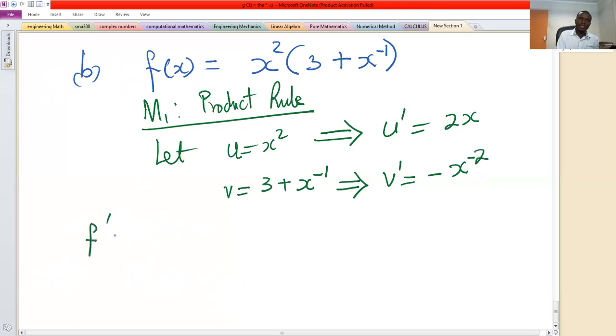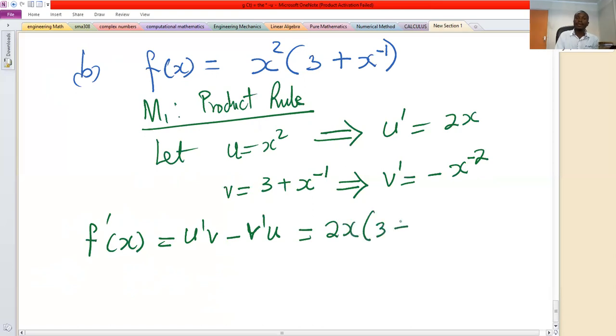So by definition, the derivative is u prime v plus v prime u, which will be 2x into 3 plus x raised to minus 1, this plus not minus, plus minus x to the minus 2 into u, x squared.